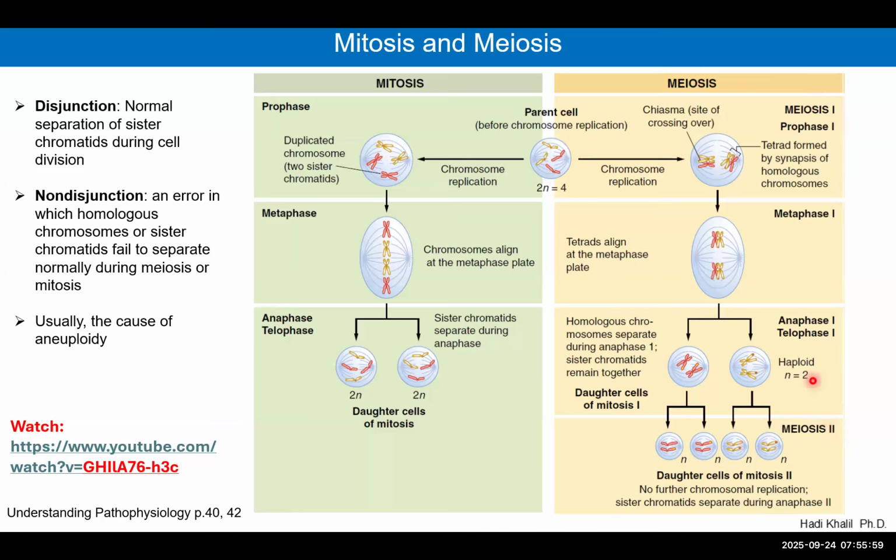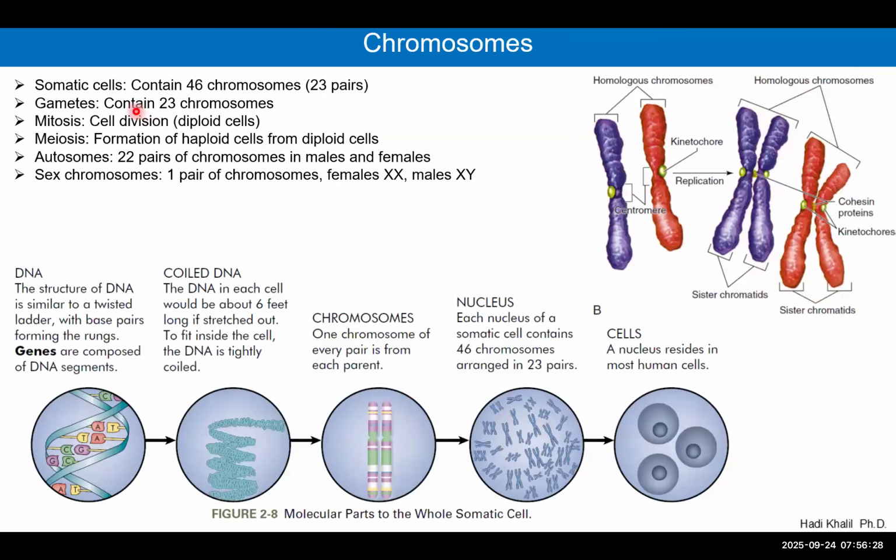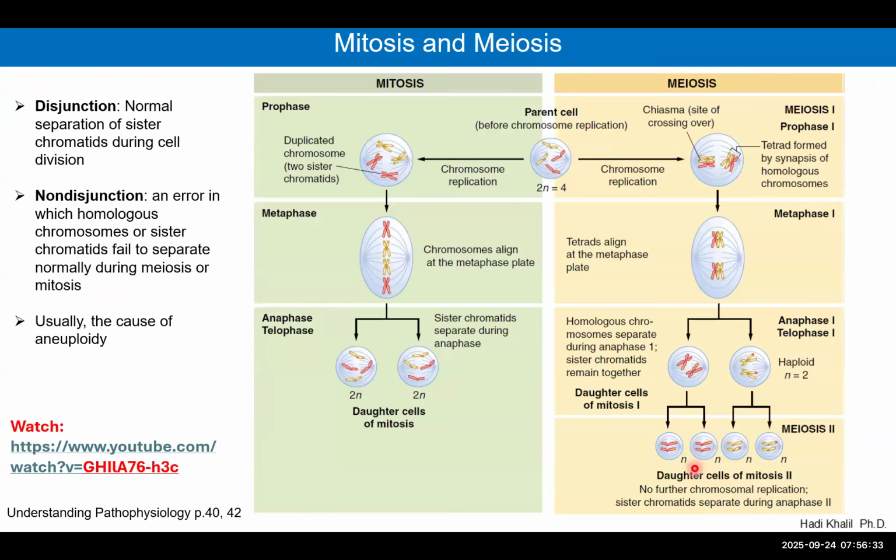Now, meiosis 2 is very similar to mitosis, where you have chromosomes and you divide them, where one cell becomes 2. The only difference is that it has only n equals 1, not n equals 2. Remember, as I said, the gametes have only 23 chromosomes, not 46 chromosomes.